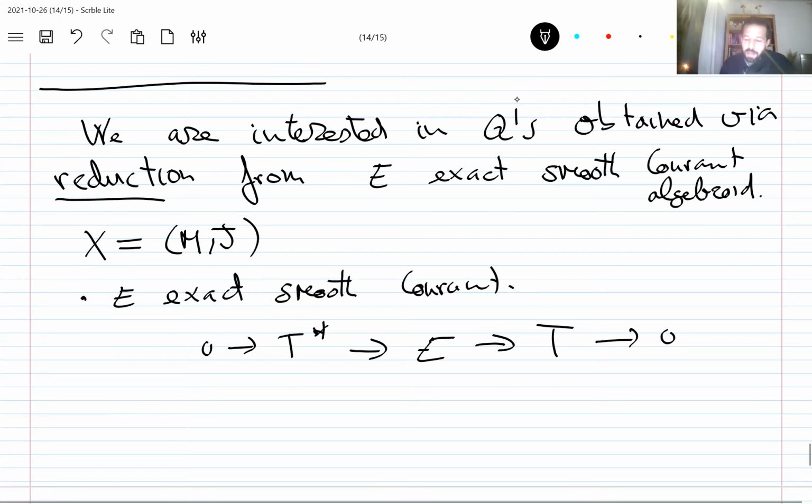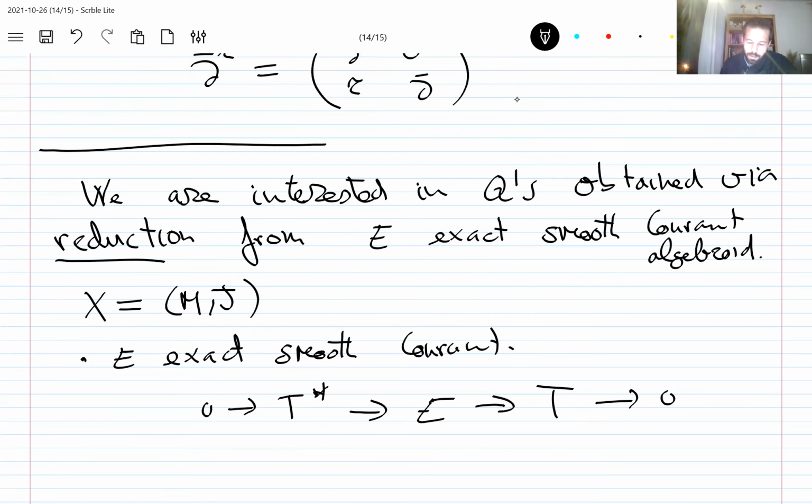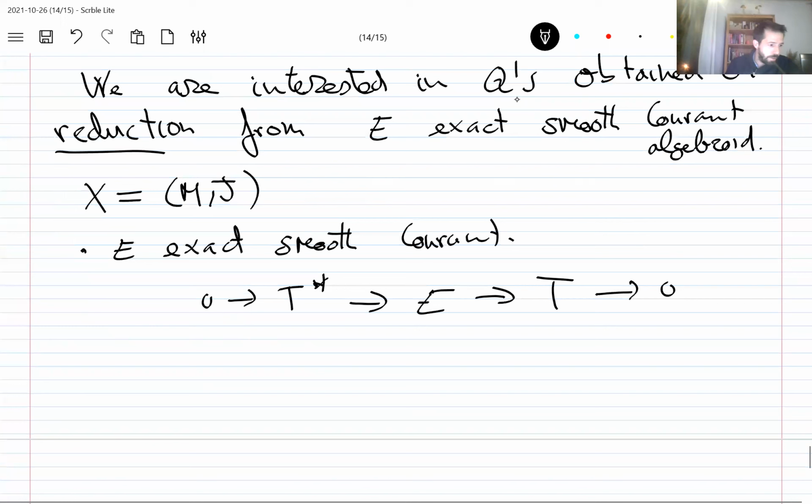And then the basic device to produce a holomorphic Courant algebroid out of this E is the notion of lifting. Definition, this is due to Marco.